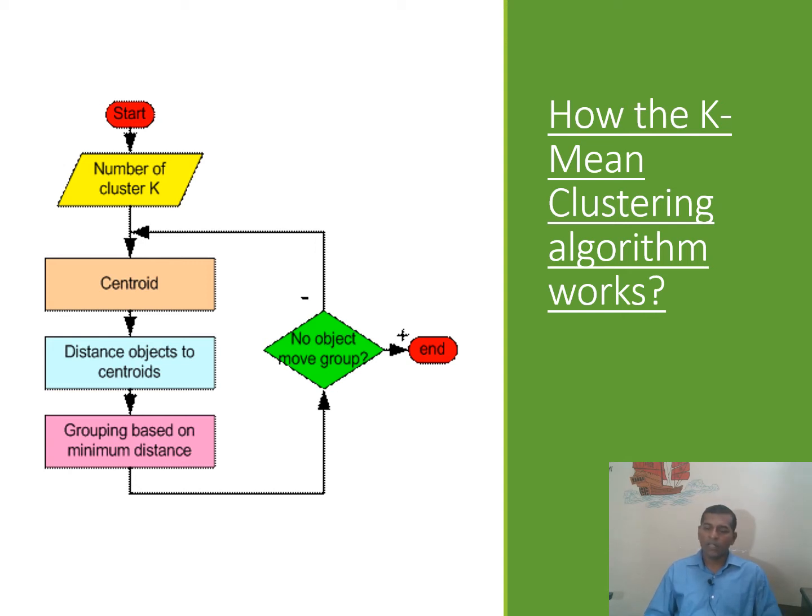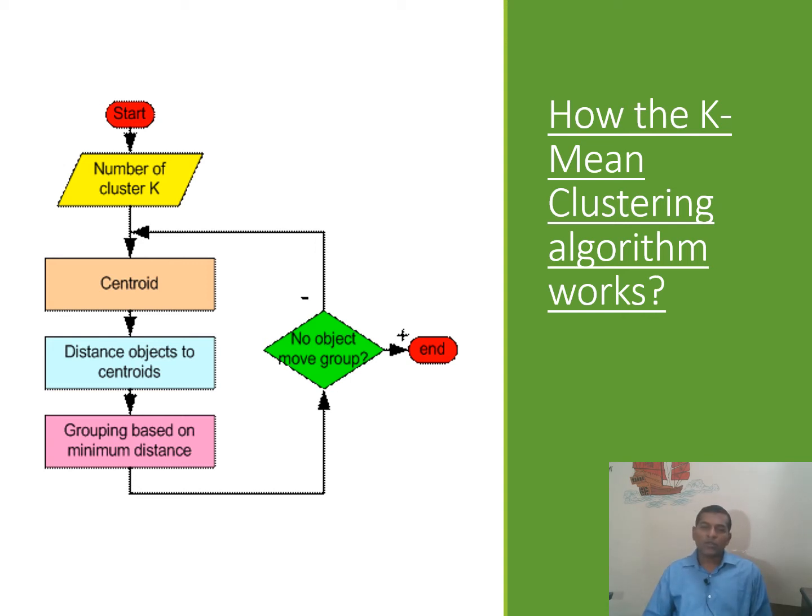When we add a new object, we are supposed to find a new centroid with that. So this grouping will be done. Adding elements to a centroid is done by calculating the distance between the centroid and that particular object, and we make a group of these objects known as a cluster.